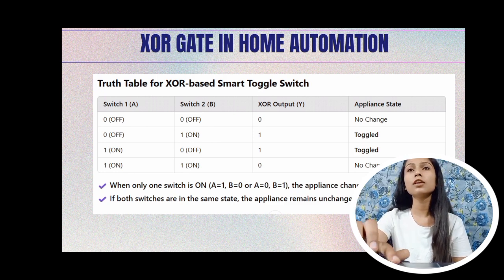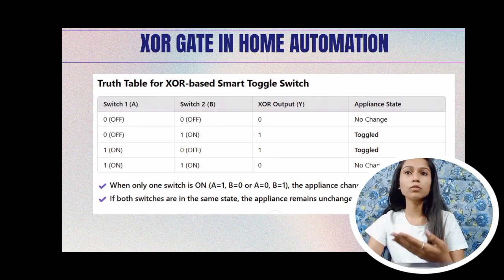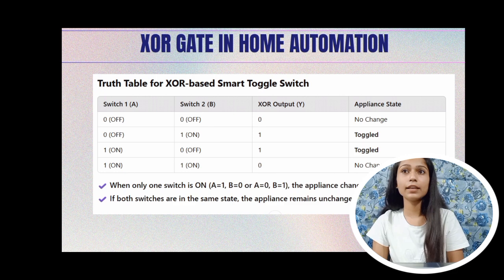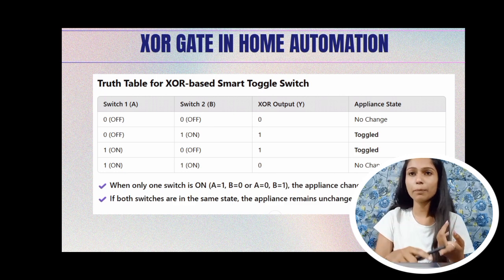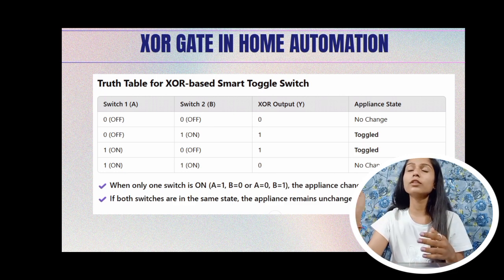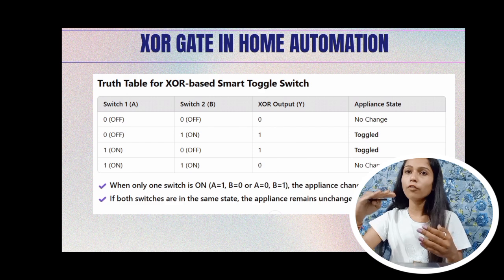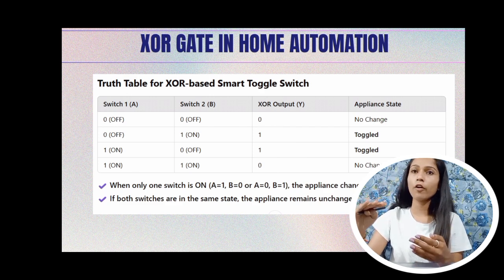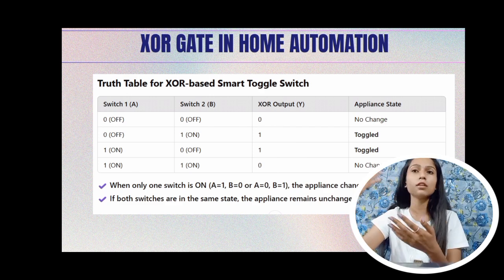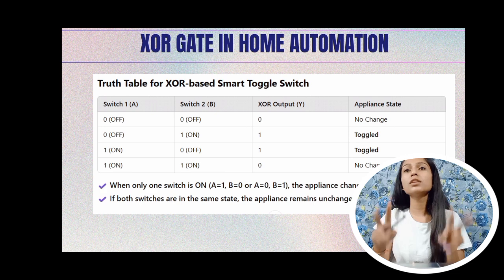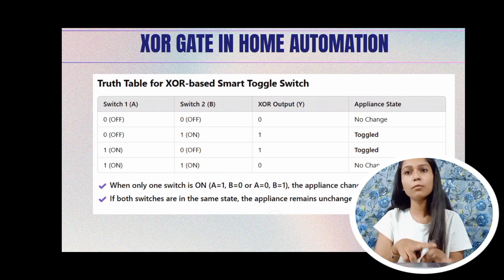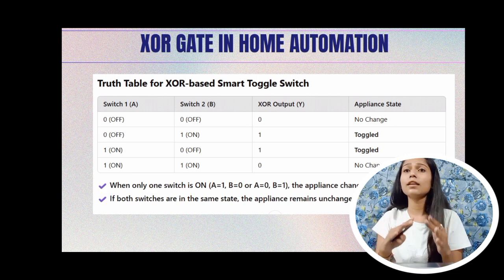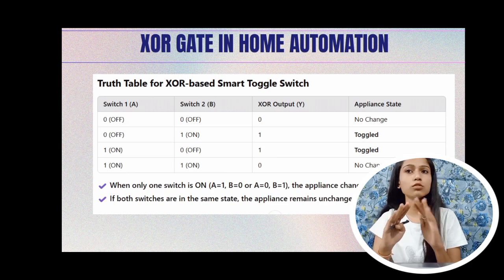When any one of the switches is pressed, it toggles its state. If the appliance is turned on, then it will be turned off, and if it is already off, then it will be turned on. And when both switches are pressed, again there is no change.